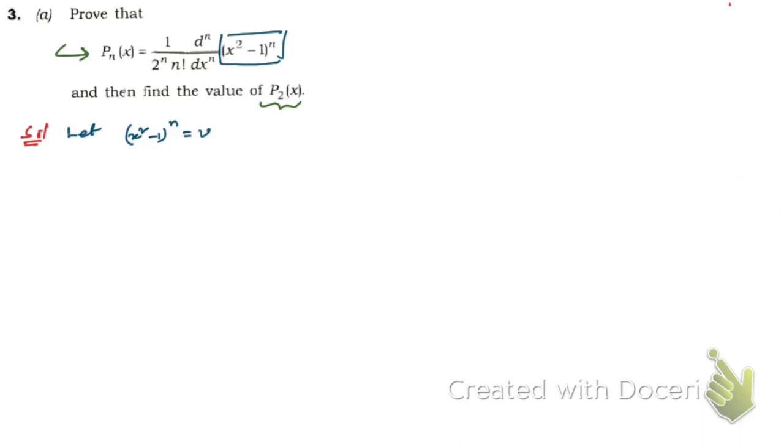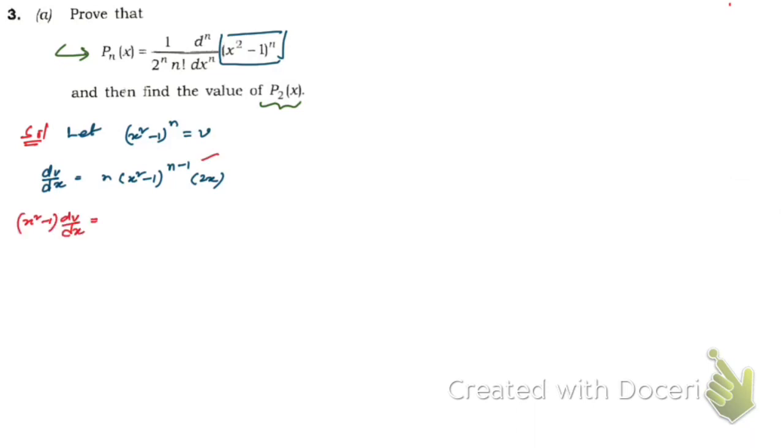Then dv by dx, you will get n into x square minus 1 whole to the power n minus 1. That's what you will get, right? Then again function of function, twice x, right? So if you multiply both sides by x square minus 1, let me write it clearly, x square minus 1 dv by dx.